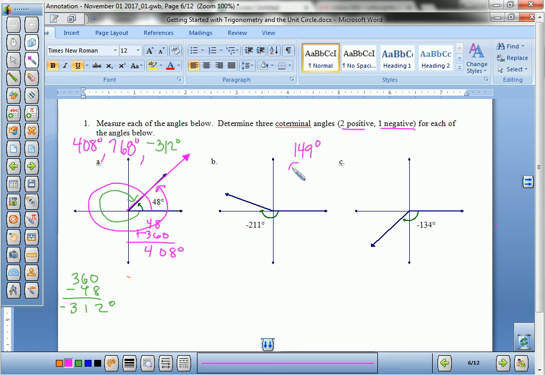So what was your negative one? Negative 571. Okay, so those are acceptable. Those are the smallest angles of rotation that would be equivalent. Alright, C. Who would like to share with me?